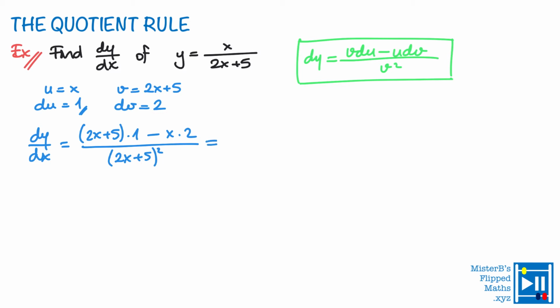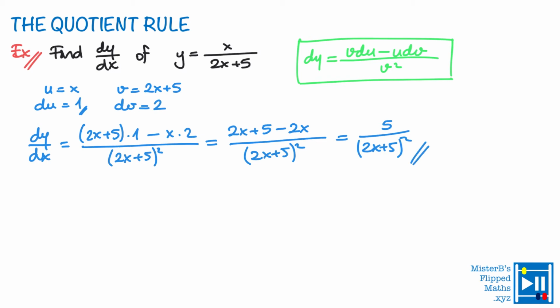And if I manipulate it a little bit, that's going to be 2x plus 5 minus 2x over 2x plus 5 squared. And we end up with 5 over 2x plus 5 squared as our derivative. So this is how we use the quotient rule simply.